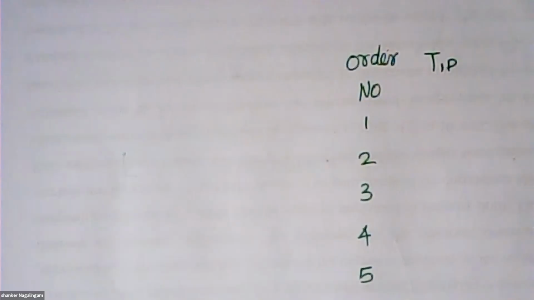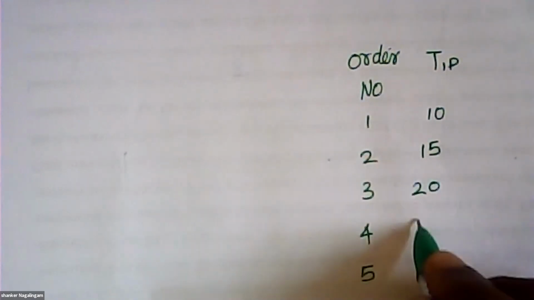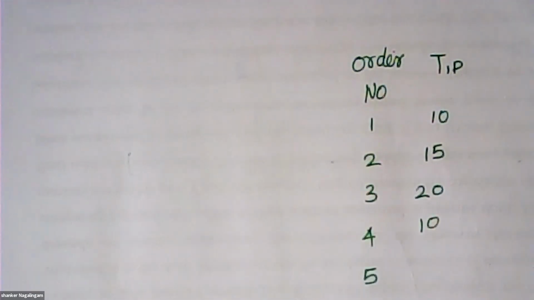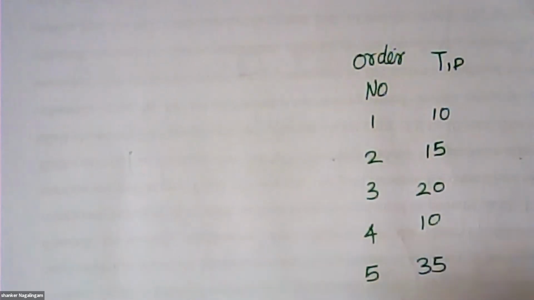And the tip amounts are the previous values: 10, 15, 10, 15, 20, 10, and then 35. This is the order number with the tip amount.